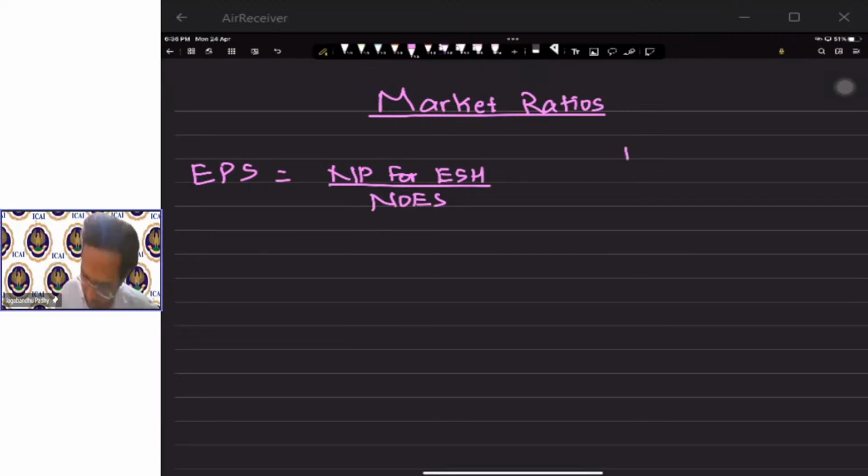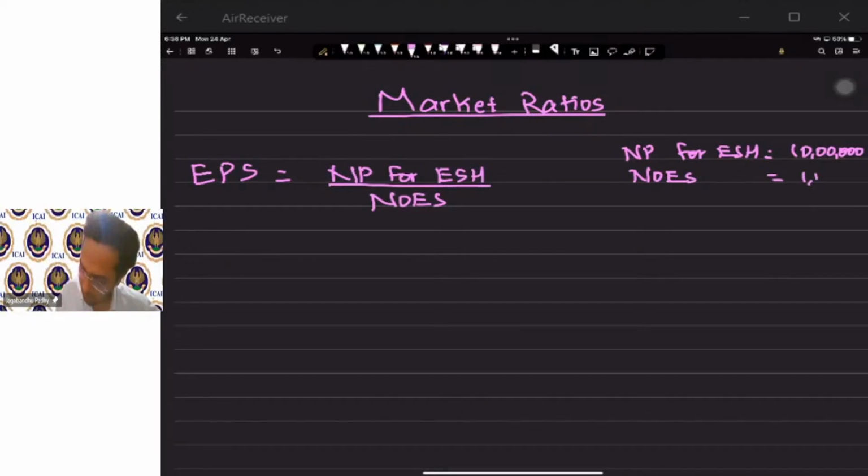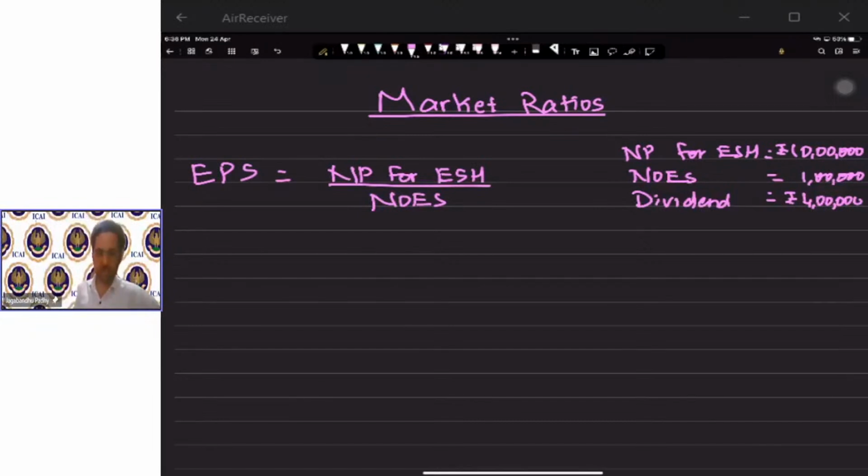So let's say the company has net profit for equity shareholders as 10 lakh. Number of equity shares is 1 lakh. And let's say the company has paid a dividend of 4 lakh. Now, using all these numbers, we are going to calculate a number of ratios.